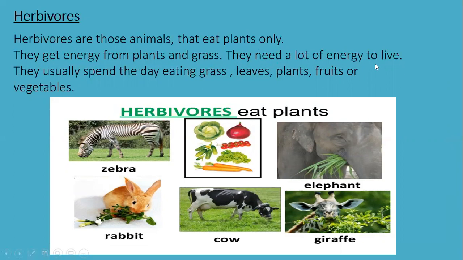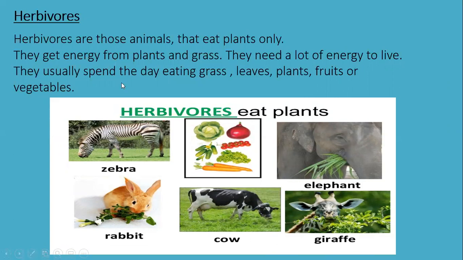They need a lot of energy to live. They usually spend the day eating grass, leaves, plants, fruits, or vegetables. Every time you see animals like giraffe, cow, goat, rabbit, they are eating. Zebra, elephant, they all are examples of herbivore animals.